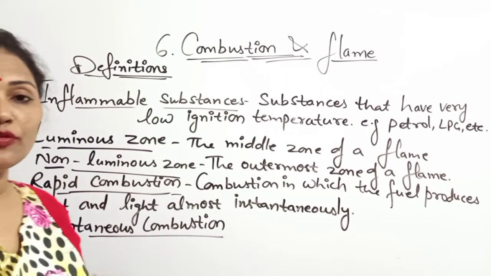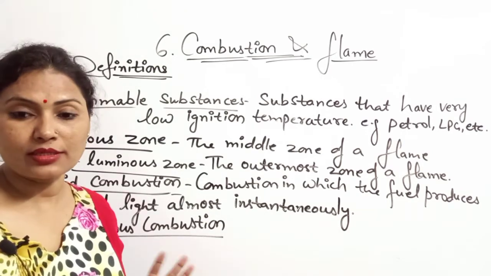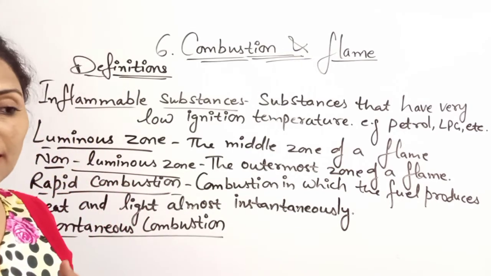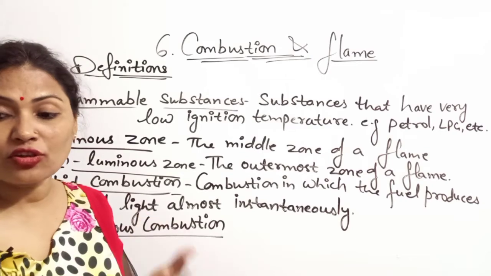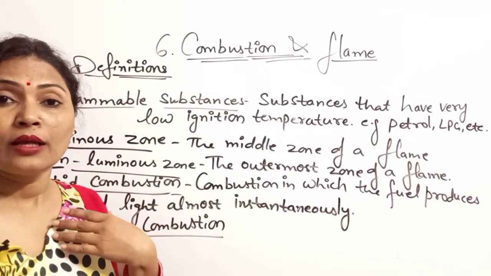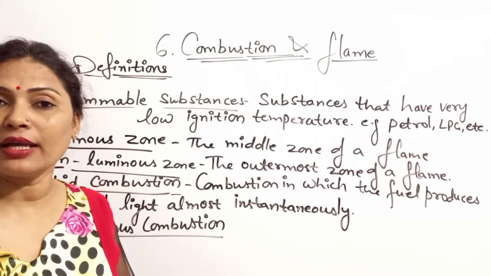So these are the different types of combustion according to the burning process. Spontaneous combustion is burning of a substance without the application of fire. We are not providing fire, but it will burn.